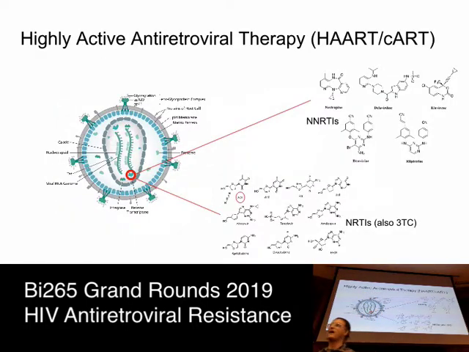So we combat this with highly active antiretroviral therapy. It's the most common and one of the most effective methods of fighting HIV. There are three classes of drugs involved in this: NRTIs, NNRTIs, and protease inhibitors. RTI just means reverse transcriptase inhibitor, and N and NN are just chemical distinctions, but they essentially do the same thing.